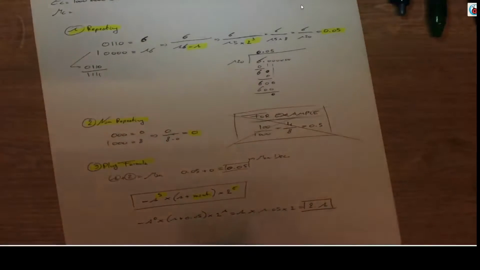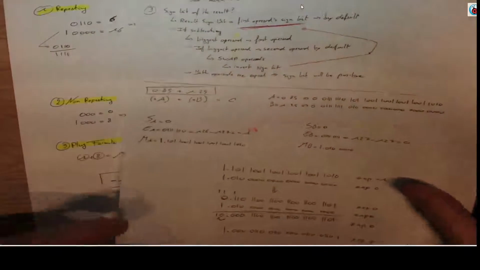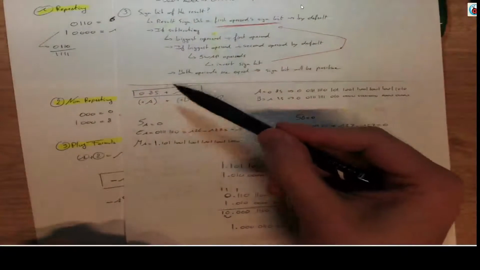And this is the result of converting this IEEE value to the decimal representation. And if you recall, we did this addition 0.85 plus 1.25, which is, of course, 2.1. So, there you have it.